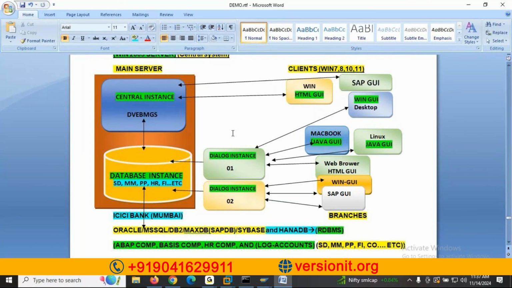What do you call it, guys? Central instance. And the secondary applications are called dialog instances.